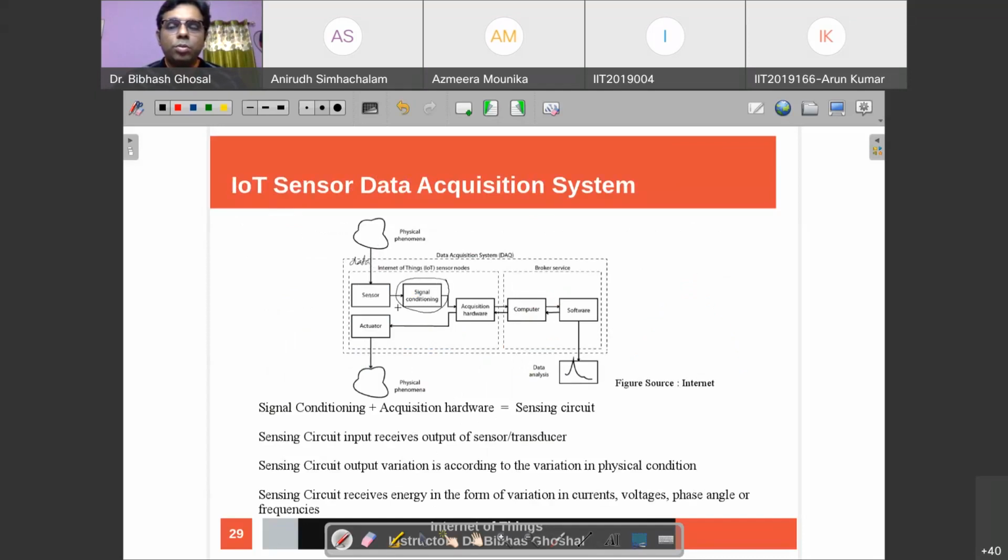Conditioning means either you want to remove some noise or you want to convert that into a form that is understood, as in the case of A to D conversion, etc. And then we have this part where you do some data storage, or pass it on to a computer to do some kind of analysis, or the output generated by this computer, via this actuation or acquisition hardware, is used to control some other device called an actuator.